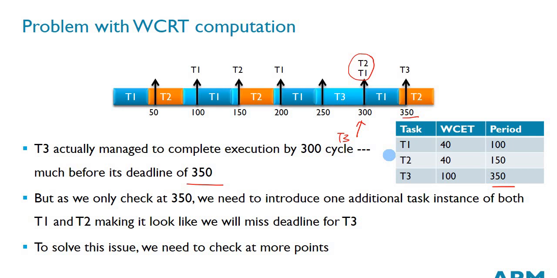So the way we need to go about doing this is we need to check at more points. And which are the more points? We need to check at all the periodic intervals of all the higher priority tasks to see whether the lower priority task's computation needs have already been fulfilled.